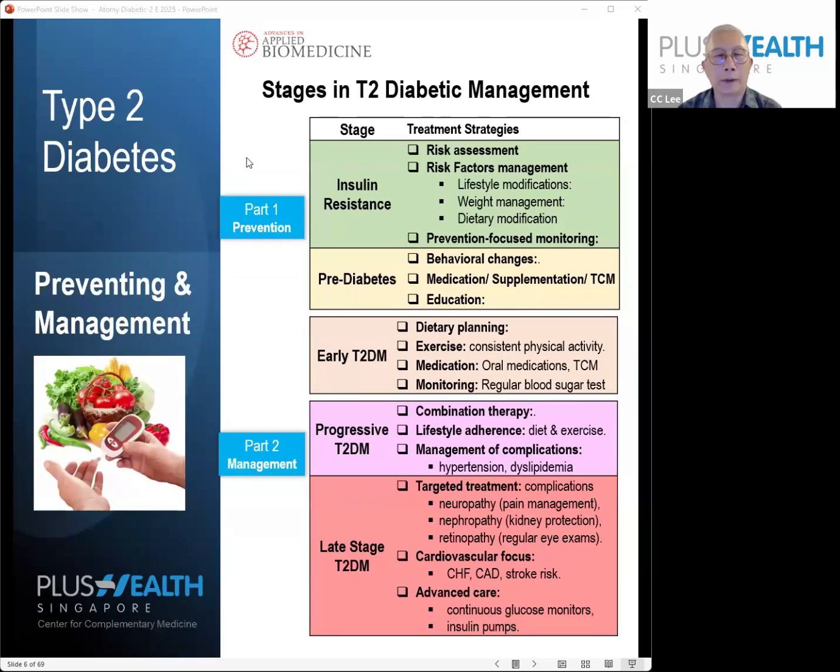Okay, just an overall view of what we have done, right? This table shows the stages in diabetes management, type 2 diabetes management.